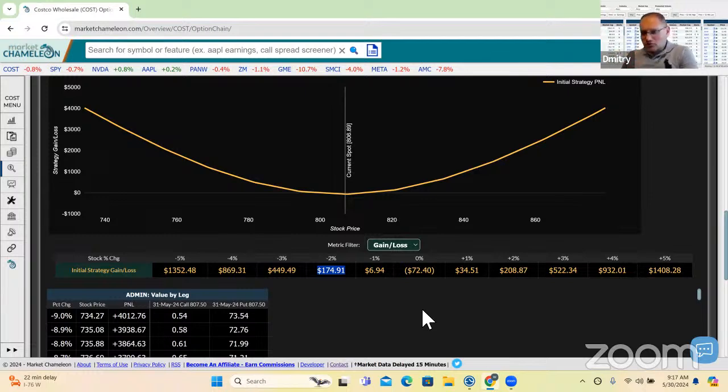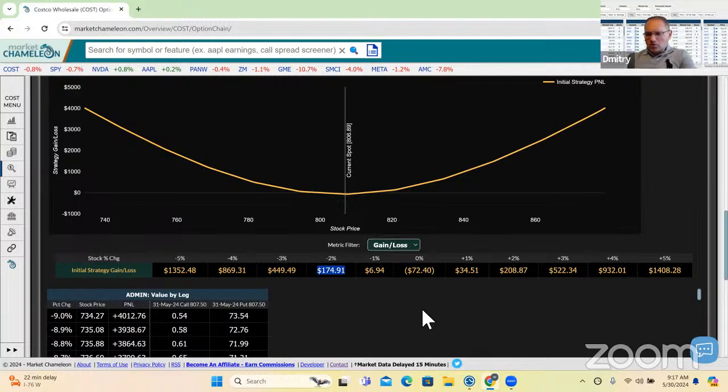If you start out at a 0 delta, an option way out of the money, as it gets closer and closer, the delta increases, and it could increase all the way up to a 1 delta, which means it'll move 1 for 1 with the stock. A 100 delta means it's moving 1 for 1 with the stock, but the deltas could be anywhere between 0 and 1, and on the put between 0 and -1.